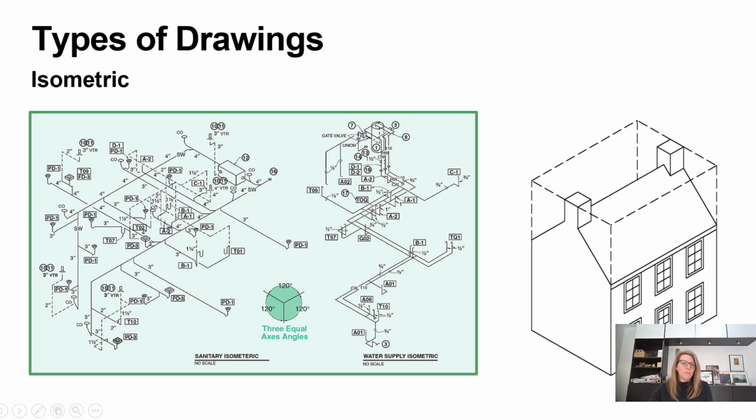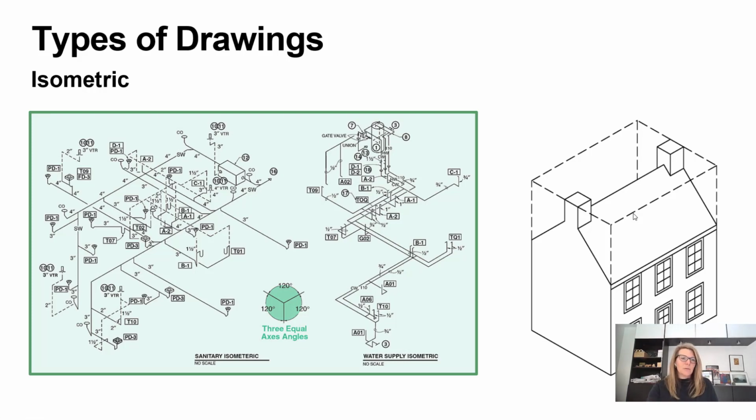So in a set of drawings, you might see that as an isometric drawing, so you can see how it is being supplied throughout the building. This is an isometric of just a little building, so you can see those three views of the project and that 120 degree angle. If you look at the corner, each one of those, when added up together, gets to that 120 degrees.